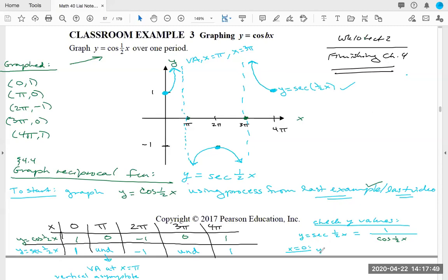So y would be equal to secant of 1/2 times 0, which is secant of 0, which is 1 divided by cosine of 0. Cosine of 0 is just 1. Okay, so y equals 1, which checks out.